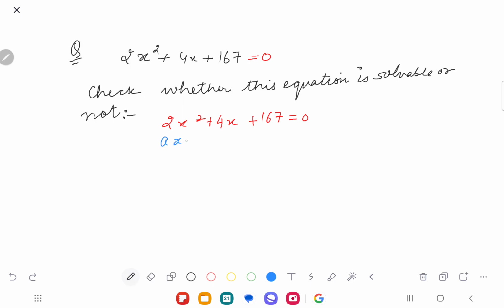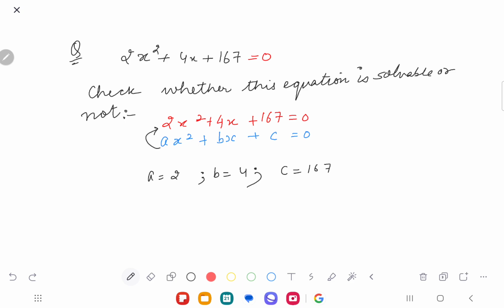So what am I going to do? I'm going to compare it with ax square plus bx plus c equals 0. So a becomes equal to 2, b becomes equal to 4, and c becomes equal to 167. Yes or no?